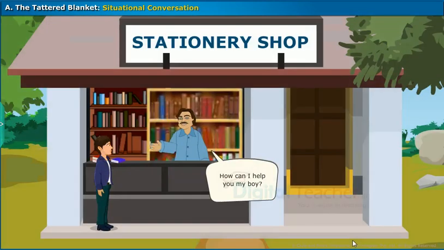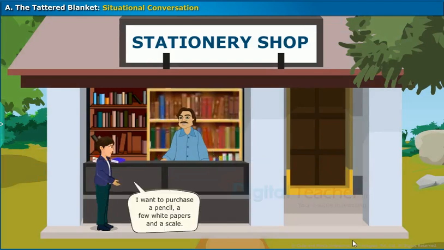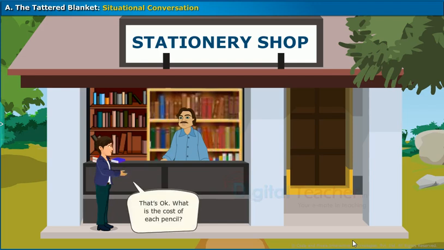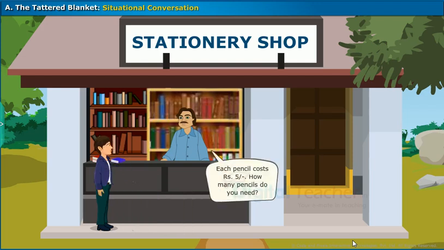How can I help you, my boy? I want to purchase a pencil, a few white papers and a scale. Have you got Natraj pencils? Sorry, I don't have Natraj pencils, but have Apsara pencils. That's okay. What is the cost of each pencil? Each pencil costs ₹5.